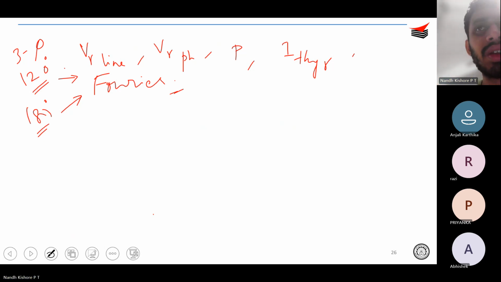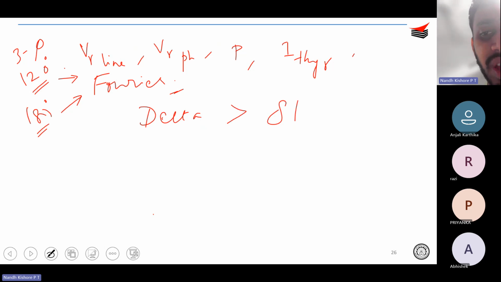Okay, fine. So over here with problems, we were able to see that typically in delta configuration you get more power compared to star. With a problem, we explained that in delta configuration, we get 3 times more power: P delta is 3 times the power in star configuration.